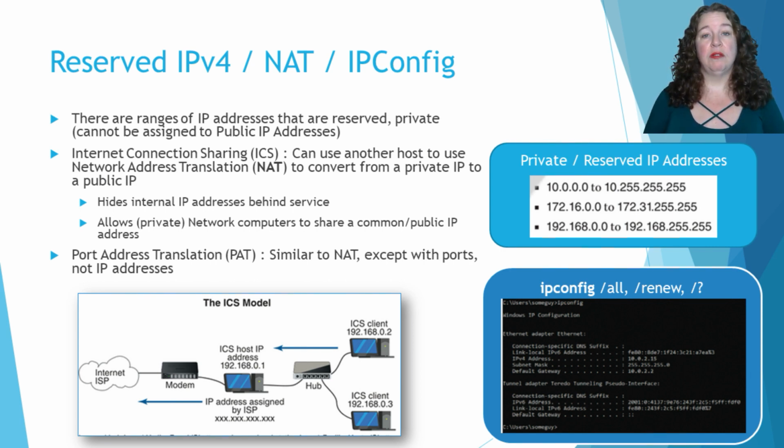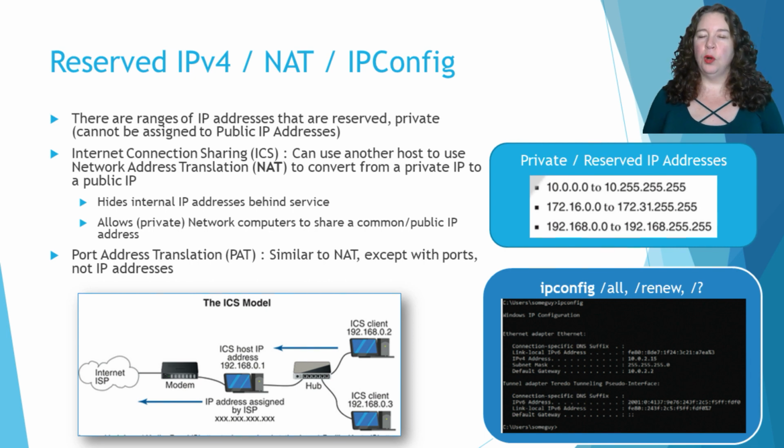If you go to the internet right now and you say, what's my IP address? You're not going to get your 192.168. That's your internal IP address. Network address translation is going to allow you to convert from your local internal private IP address to that public IP address that the outside world can see. So it kind of hides the IP address behind its service, the Internet Connection Service, that uses NAT, Network Address Translation.